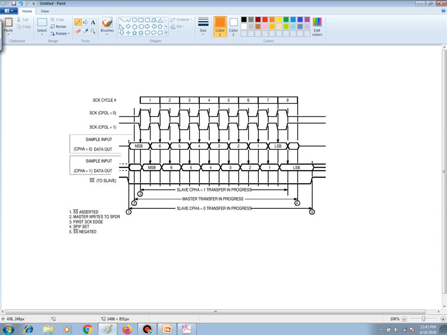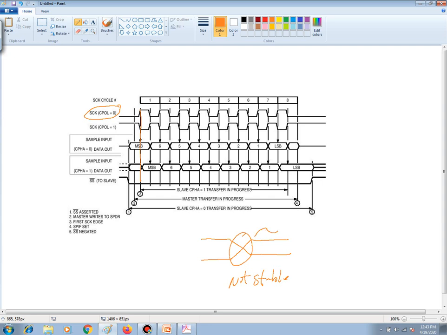So if we look at the positive edge, if we were to set the CPOL to a 0, then the data would need to be stable on the positive edge, which would be right here. And if we look here, when is the data stable? If we're looking at something that's doing something like this, in this region right here, it's not stable.